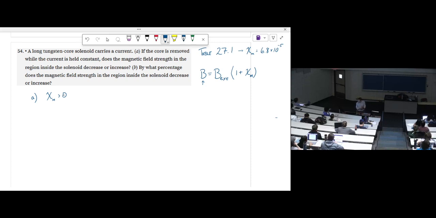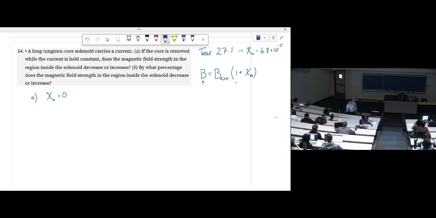And so, if the core is removed, does the magnetic field strength in the region inside the solenoid decrease or increase? Which one? Yeah, it's going to decrease. The magnetic field, if I have 1 plus something greater than 0, so this is going to be a positive value.